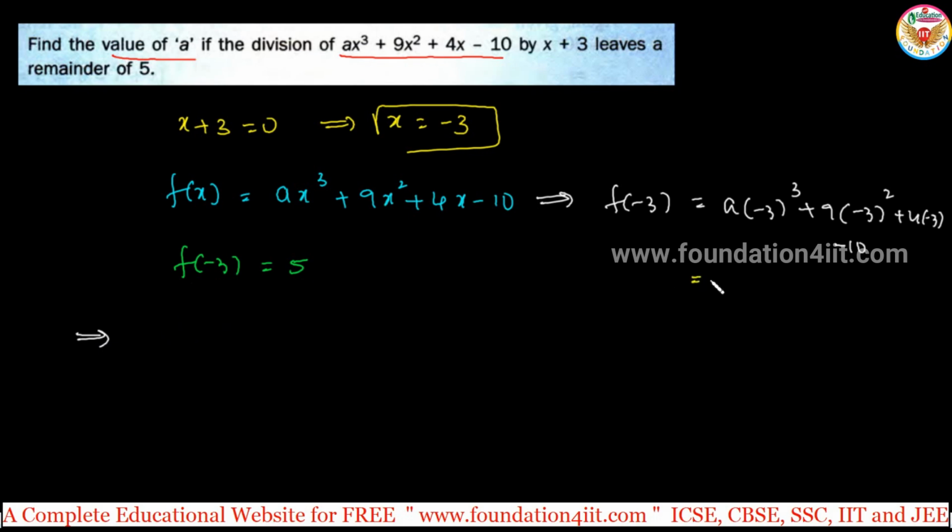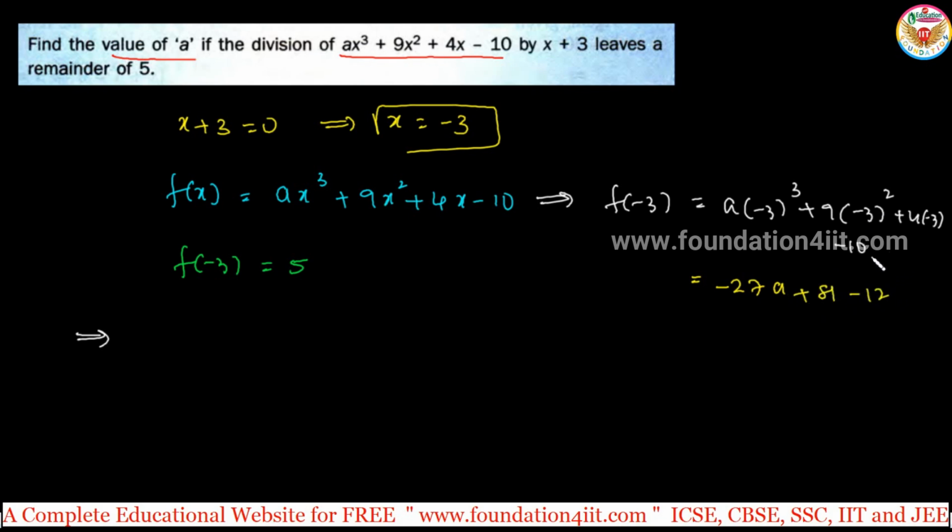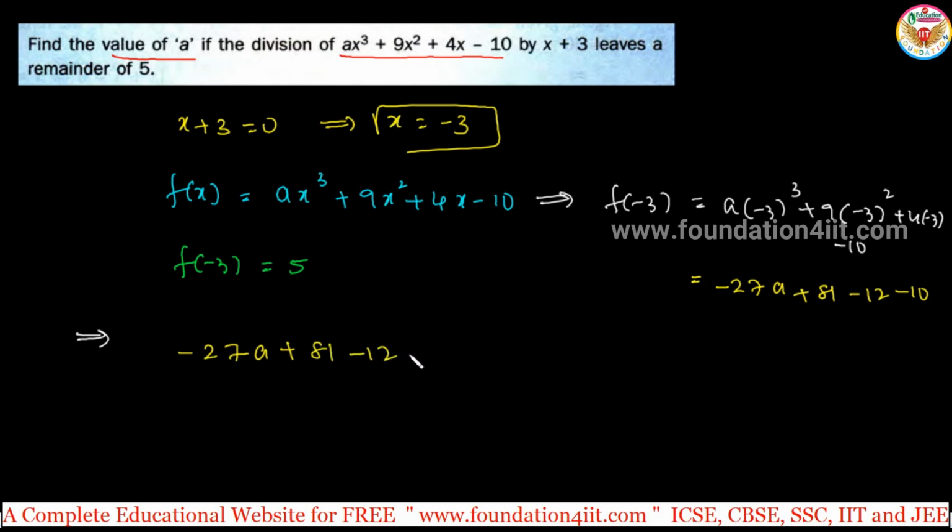Let us simplify this more. Minus 3 whole cube is minus 27a. Minus 3 whole square is 9, 9 nines are 81, so plus 81. And minus 12 and minus 10. Okay, this is f of minus 3, but f of minus 3 is 5. So therefore we can make the statement: minus 27a plus 81 minus 12 minus 10 is equal to 5.